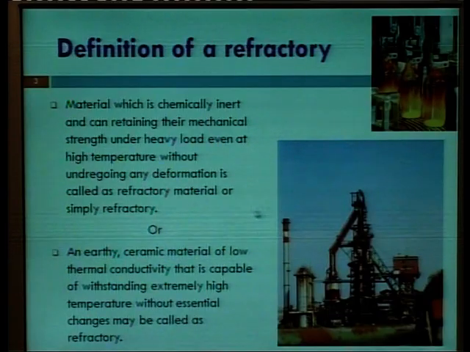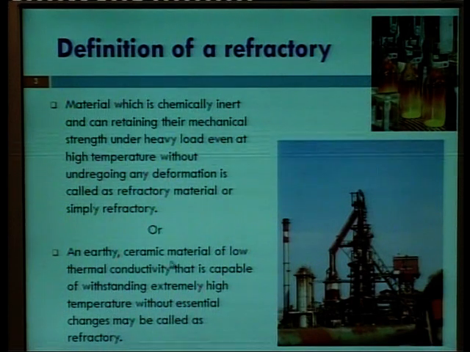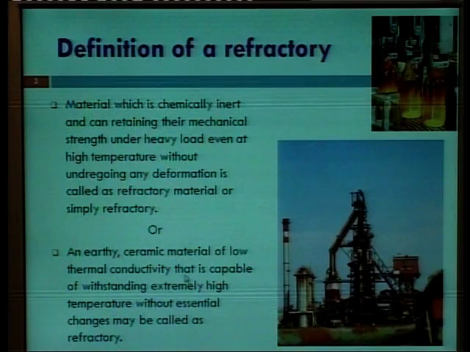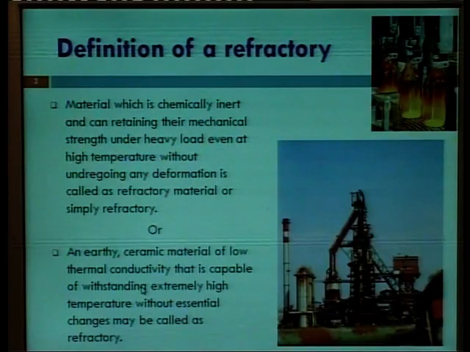Or else we can also define a refractory as an earthy ceramic material of low thermal conductivity that is capable of withstanding extremely high temperature without essential changes.